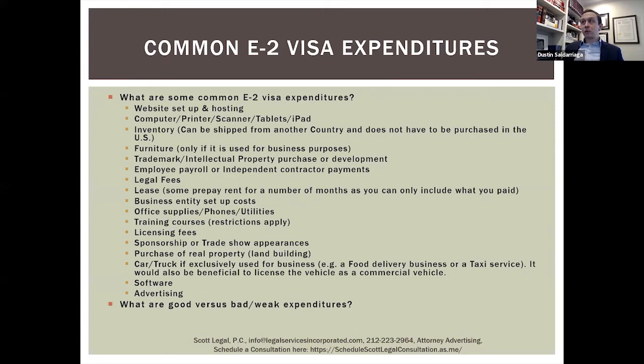A B1 visa, which is a visitor visa for business activities, allows you to do things like setting up a business, meeting with potential business partners, looking at office spaces and entering into a commercial lease, and setting up a bank account. So you can do a lot of those things on a temporary B1 visa. Use all of that evidence when you file your E2 visa, and that strengthens your application to use a B1 or ESTA to set up those pieces.